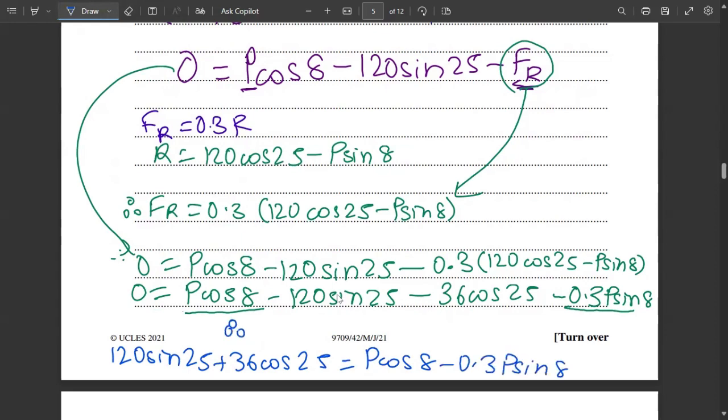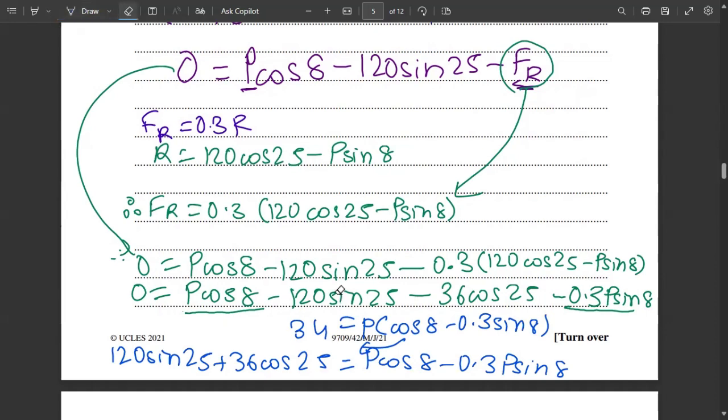If I put this in the calculator, the answer is 83.34, equal to P in bracket cos 8 minus 0.3 sin 8.